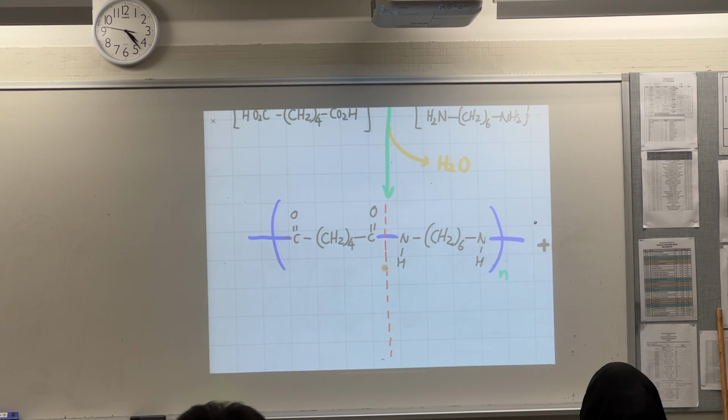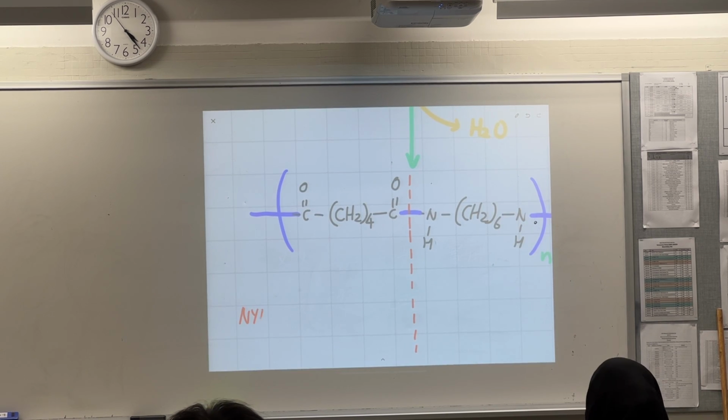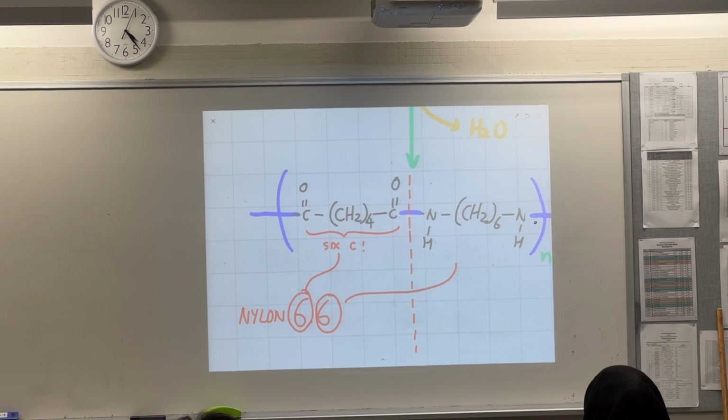How many are to the right? 6. Now you know where the two numbers 6,6 come from. So can you write down nylon 6,6? The first 6 means that in here there are 6 carbons. The second 6 tells you that in the second half of the molecule there are 6 carbons.